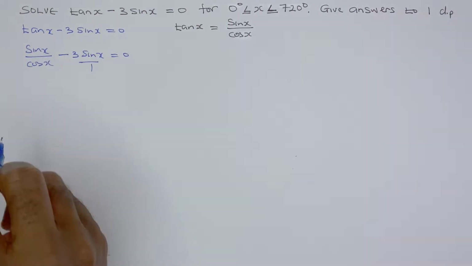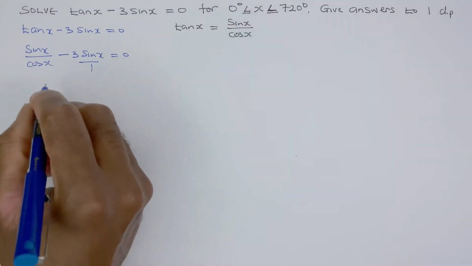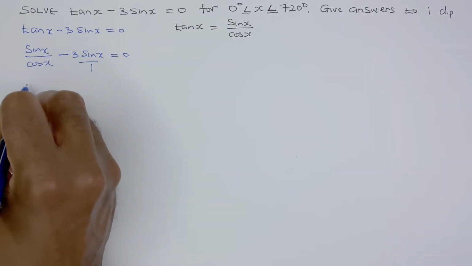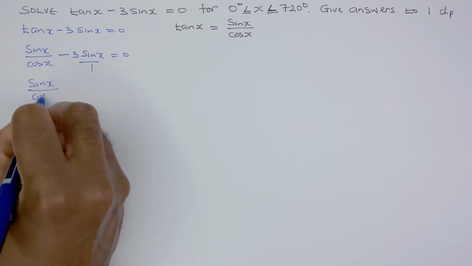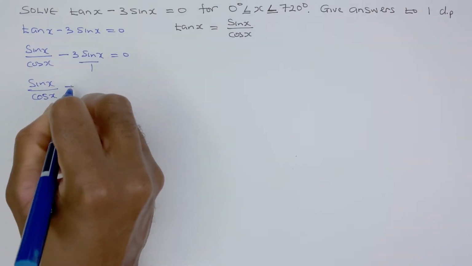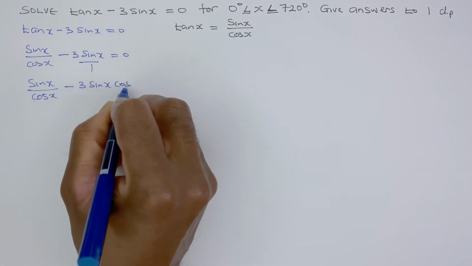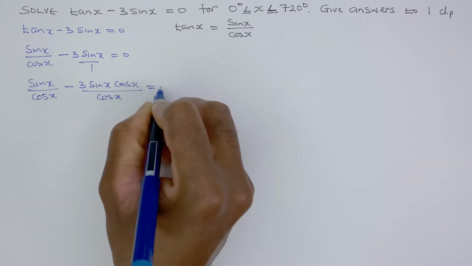This is over 1, so I need to make this the same denominator. So I need to multiply that by cos x and that by cos x. Sin x over cos x minus 3 sin x cos x over cos x equal to 0.